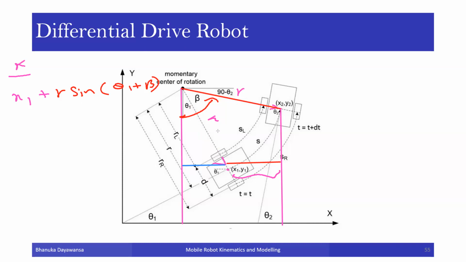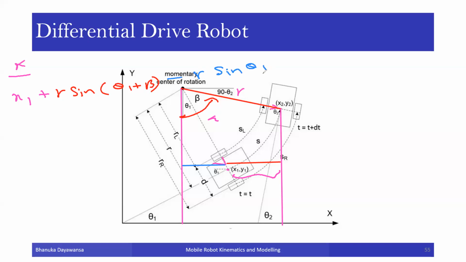This distance is actually what? There's θ1 here, right? I'll explain because we are running out of time. It's θ1 here, and these are sin θ1, so simply you derive r sin θ1.